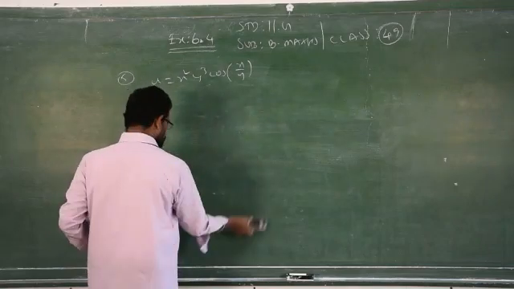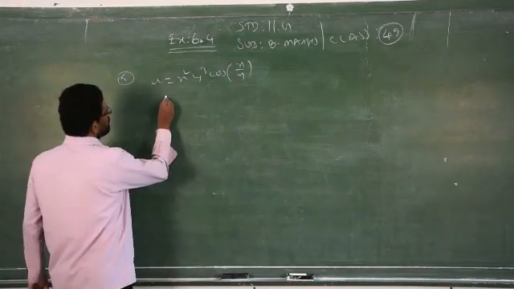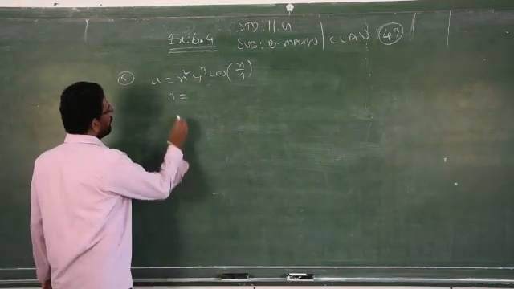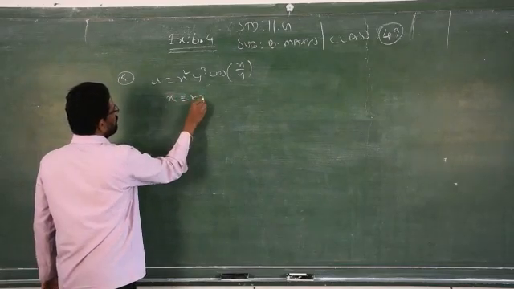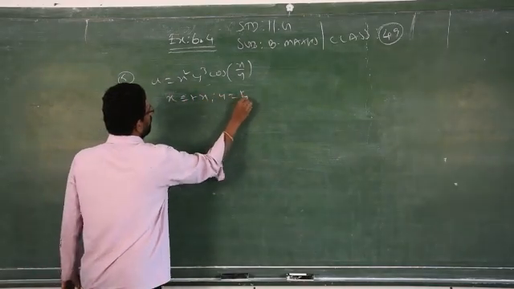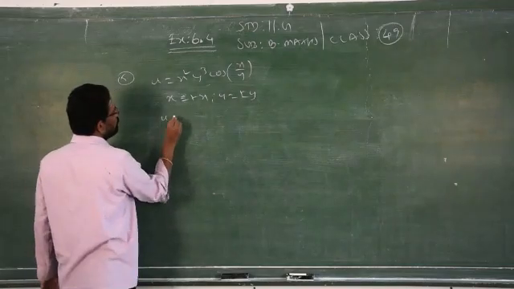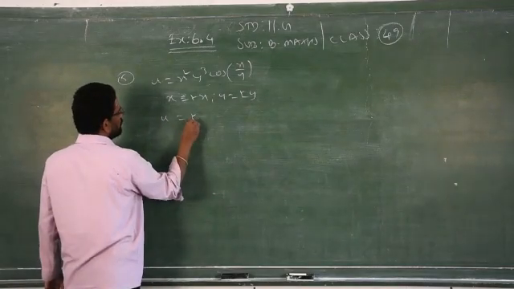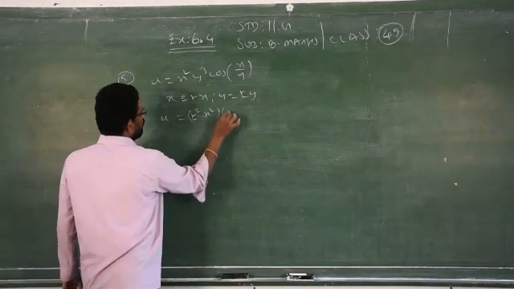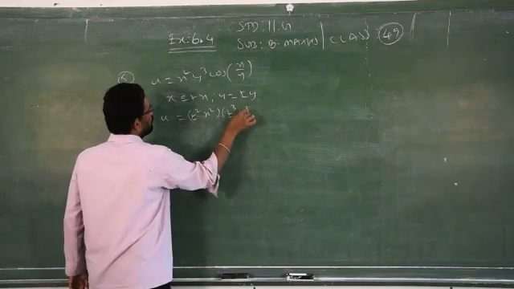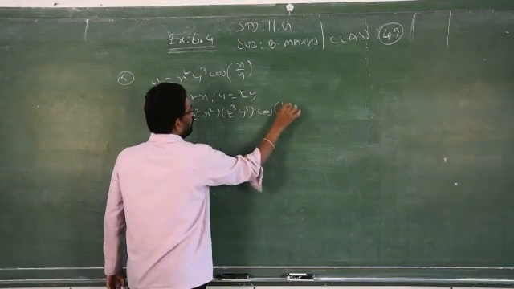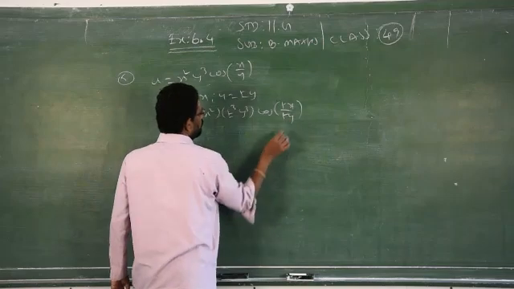For a homogeneous function you can apply the rule. First you have to find the degree by replacing x equal to tx and y equal to ty. So u is equal to, x is replaced by tx, that is t² x², this is t³ y³ cos(tx/ty). Clear?